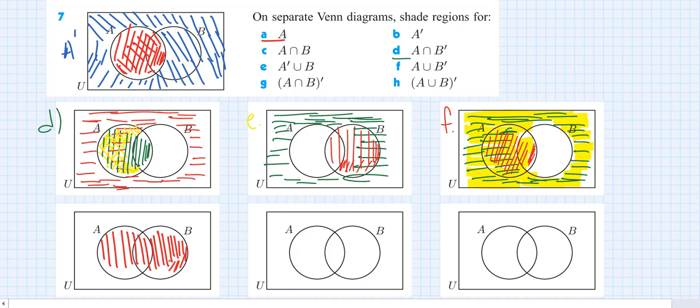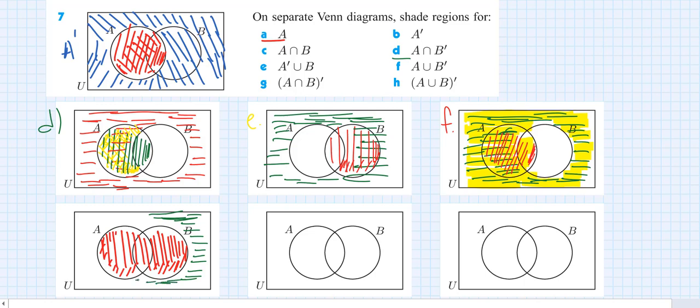And its complement will be the area which is outside this red colored part. So it will be outside of this part, and let me show it with the green color. It will be this one.